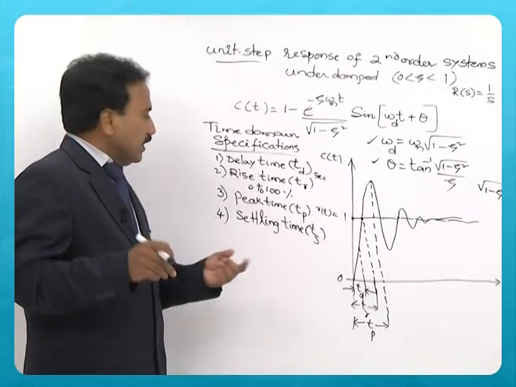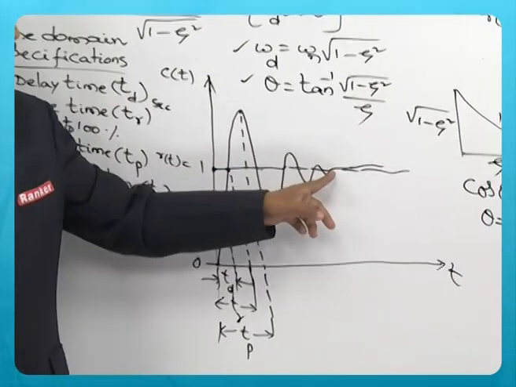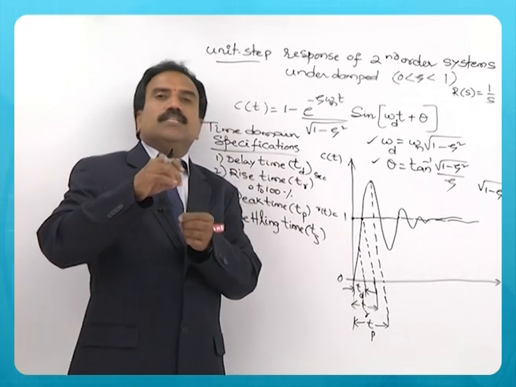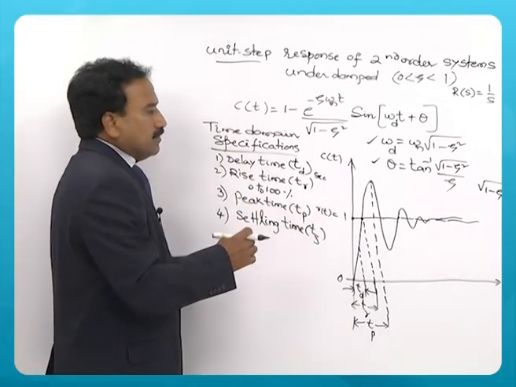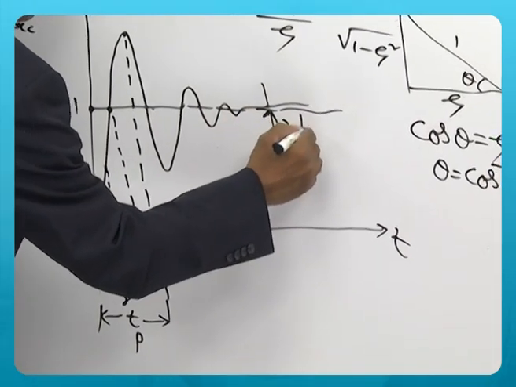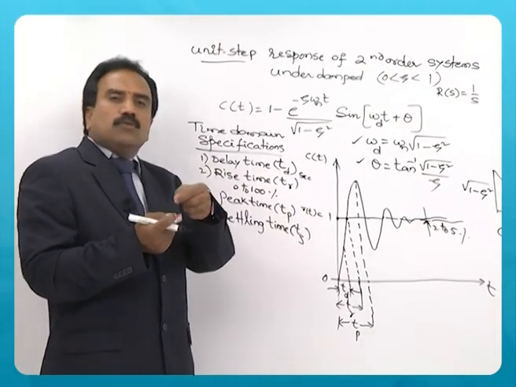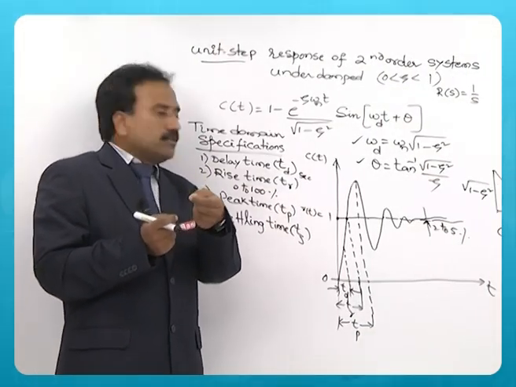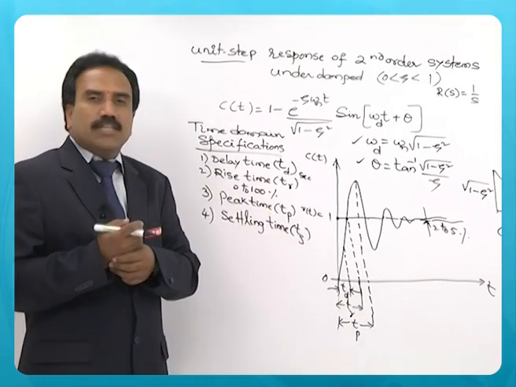So, the definition of settling time is the time required for the response to reach and stay within the tolerance band. That tolerance band generally allowed is 2 to 5%. So, the output response can deviate plus or minus 5% in the steady state.